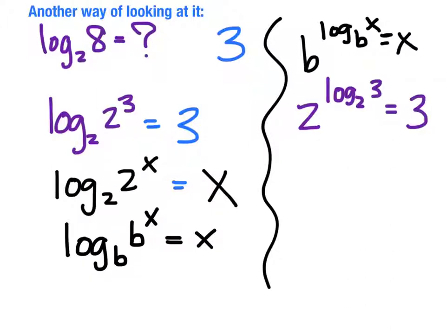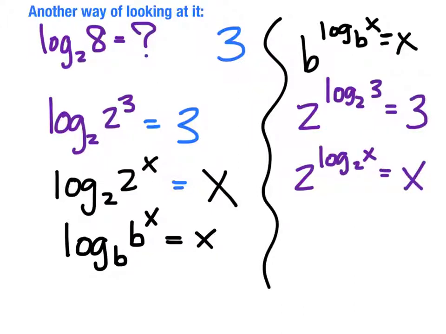Okay, as long as these two things are the same, it's whatever you're taking the log of. Just like a moment ago, whenever we did that loop, this would be log base 2 of 3 equals log base 2 of 3. So 2 to the log base 2 of x must equal x.